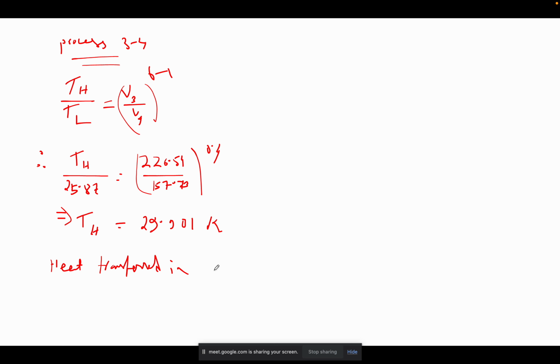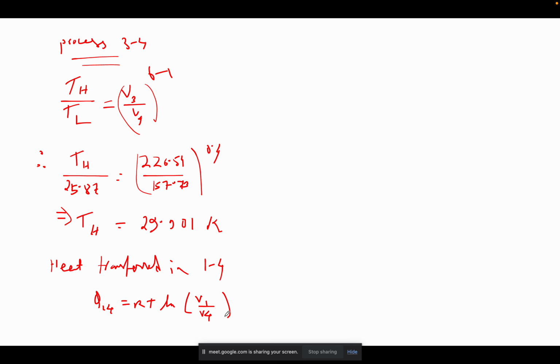Now therefore the heat transferred in 1 to 4, Q1 to 4, is your RT ln V1 by V4.